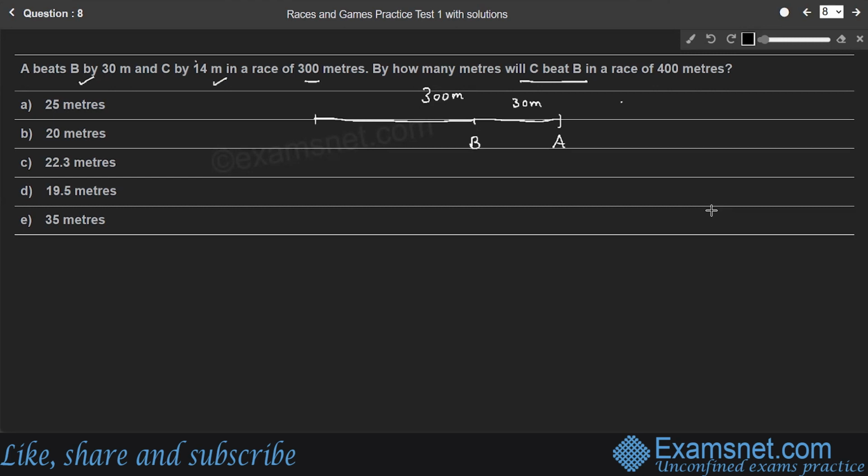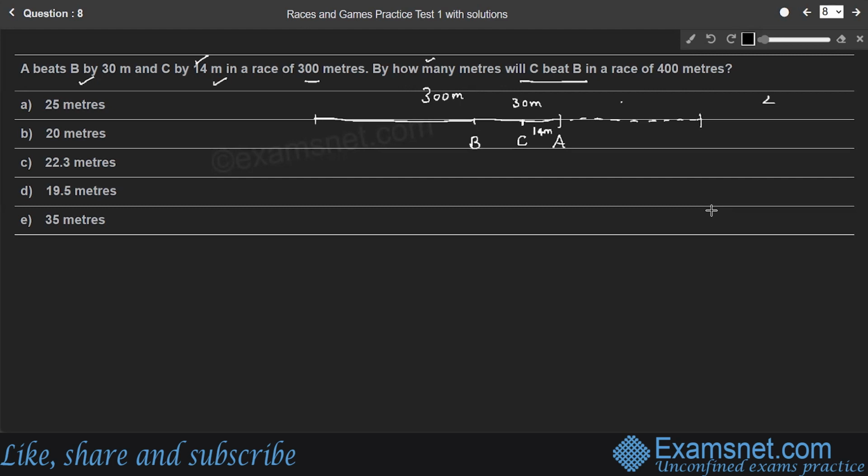And A beats C by 14 meters. So at the same time, the AC distance becomes 14 meters. The question is, by how many meters will C beat B if the race track is 400 meters?